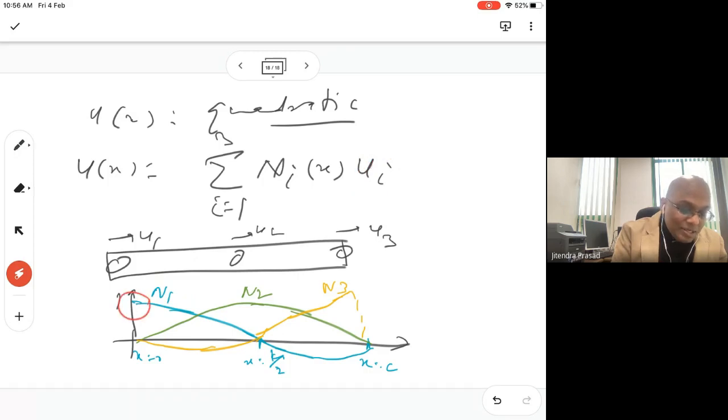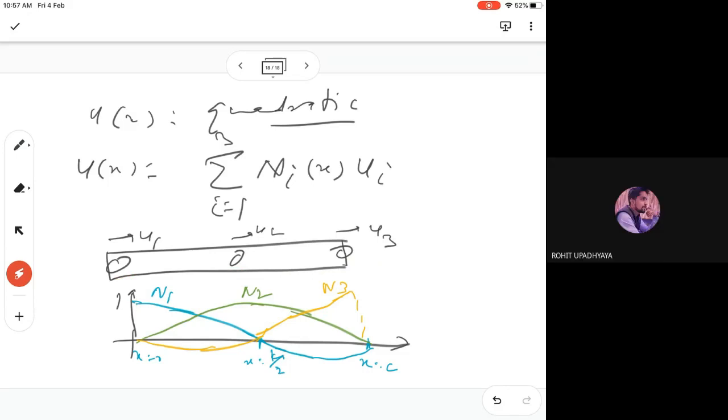So n1 should be 1 at node 1, 0 at node 2, and 0 at node 3. Similarly, n2 multiplies u2, hence n2 has to be 1 at node 2, 0 at node 1, and 0 at node 3. At a particular node, its value should be 1. So it has a definite form, and you cannot interchange. Okay, sir. Thanks.